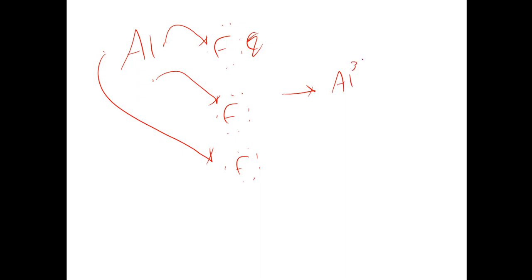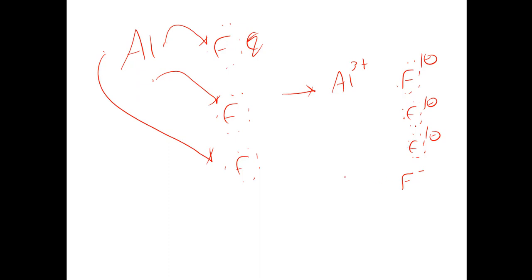That results in aluminum 3+, and that results in 3 of our fluorides. Now, I already mentioned that we do get lazy, and instead of writing 1 minus 1 minus 1 minus, we can just go ahead and write a minus.